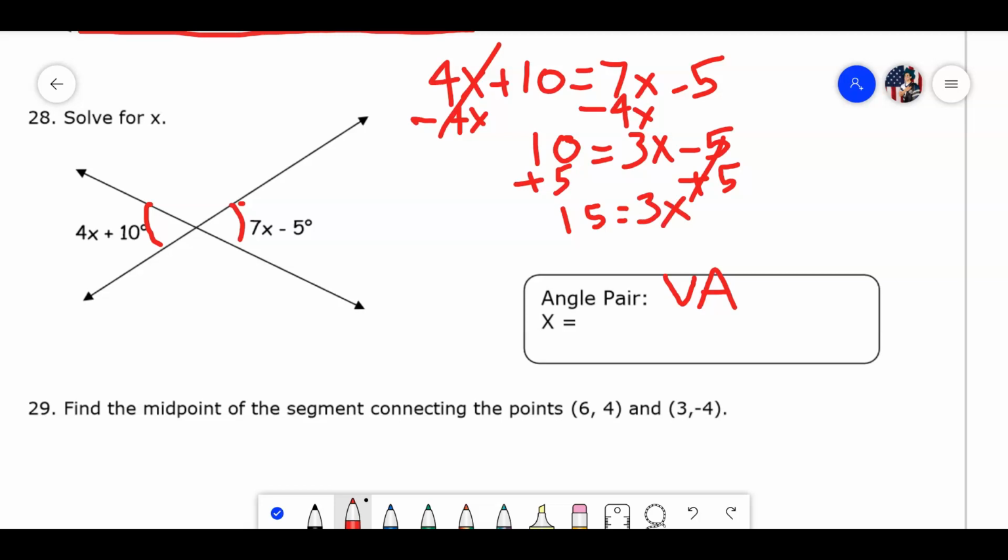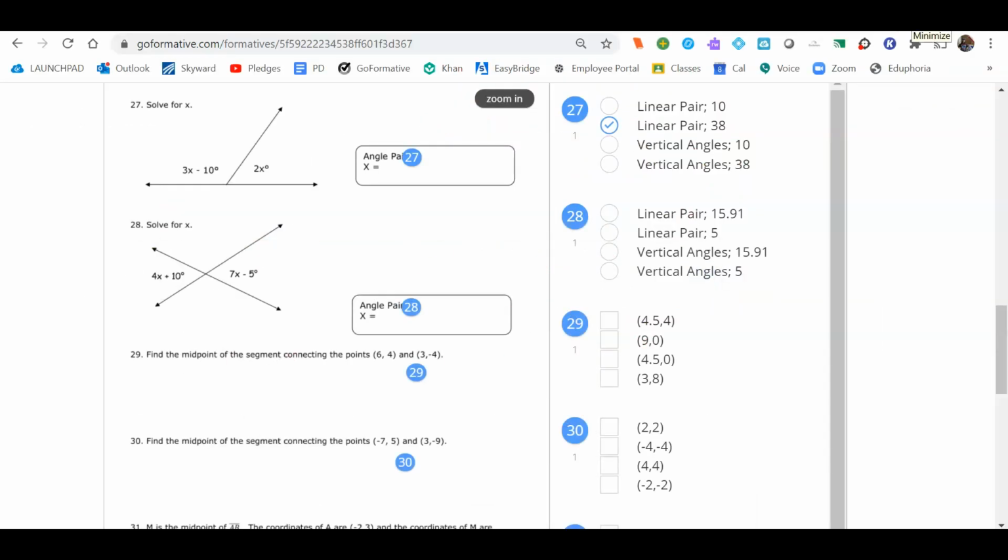And just like on the last problem, to get rid of a coefficient, those numbers are multiplying, so the opposite of multiplying is dividing. Now what is 15 divided by 3? 5. So these are vertical angles, and x is 5. So for number 28, vertical angles, x is 5. Cool?